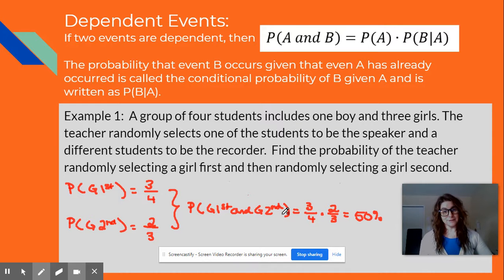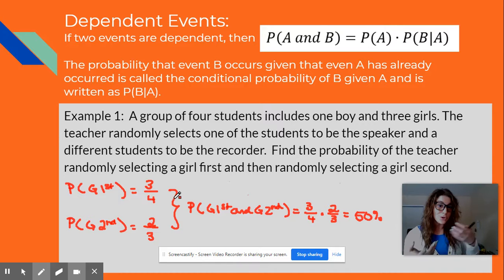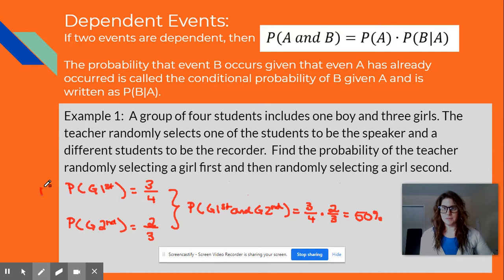Okay, so again, that's a dependent event. When you had a starting amount and then you took something away. So the second time around, so this would be my A, and this is my B with A removed. I took 1 away, so I had to take 1 from the total on the top end, and I take 1 from the total on the bottom end.